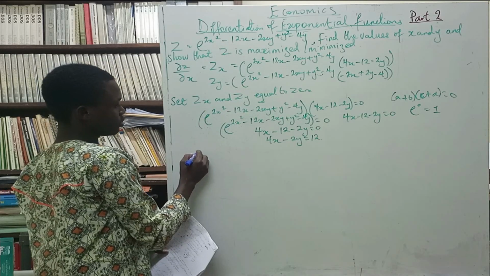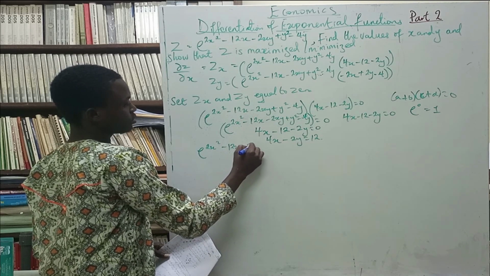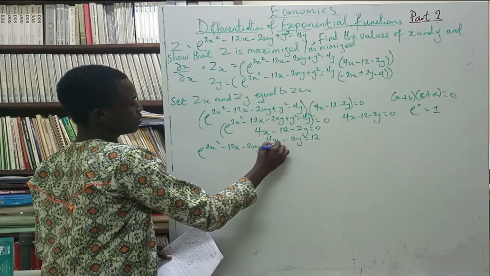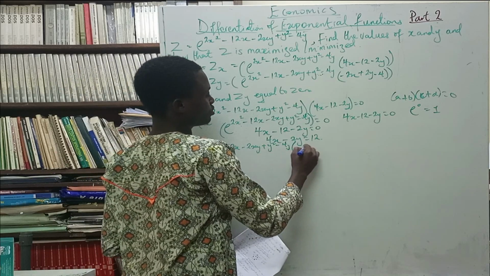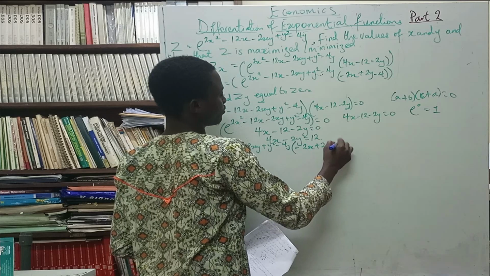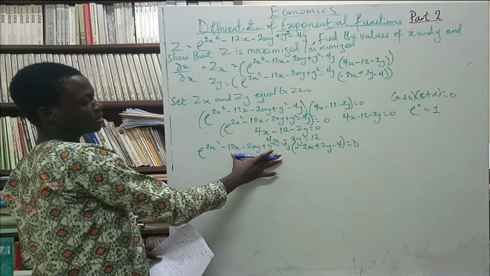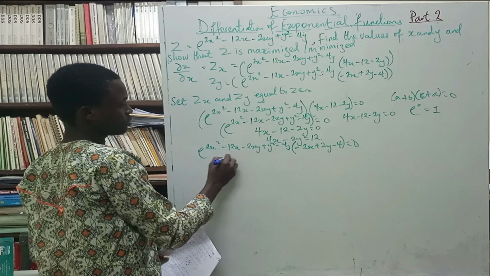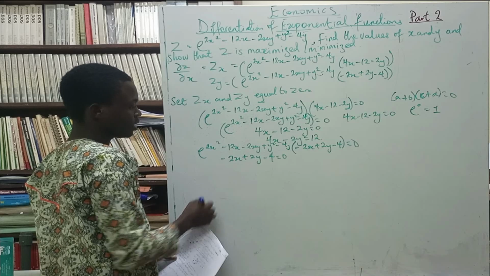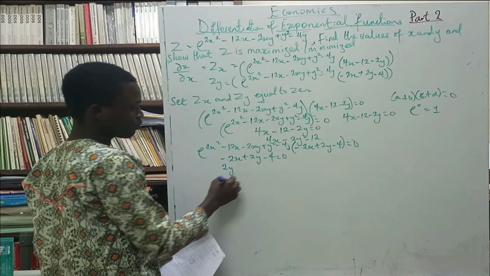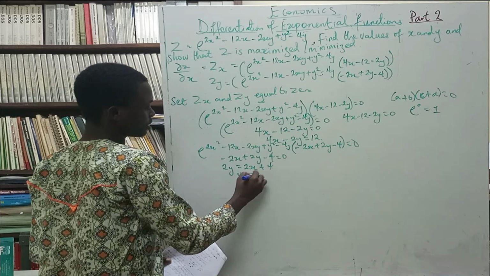By the time we set zy equal to 0, we have the same thing back: e raised to the power 2x squared minus 12x minus 2xy plus y squared minus 4y, into brackets minus 2x plus 2y minus 4 equals 0. Since this already disappears, we are left with minus 2x plus 2y minus 4 equals 0. So from here, 2y equals 2x plus 4, and then y equals x plus 2.